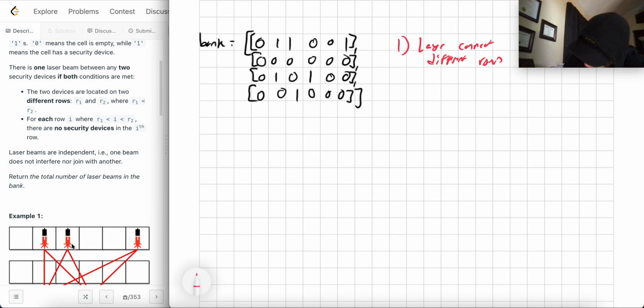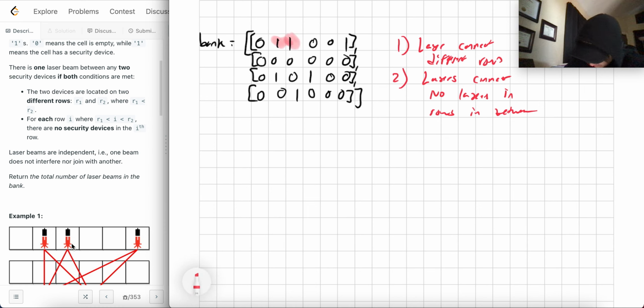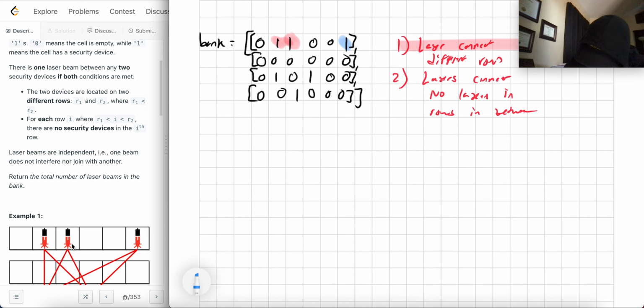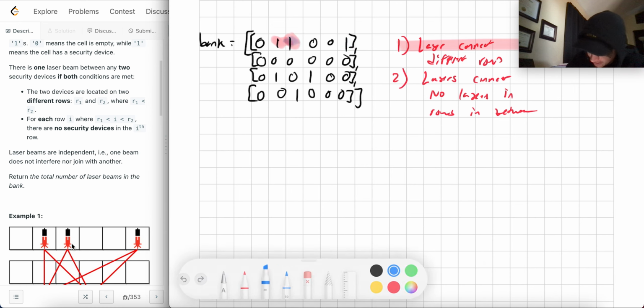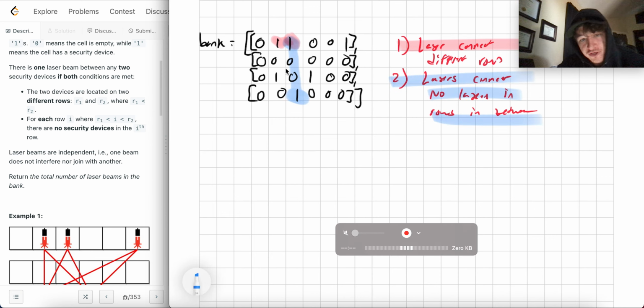And the second rule: lasers connect only if there are no lasers in rows in between. Now what that means is, these two can't connect because of rule 1. And these two look like they could reach right to each other, but they can't connect because of rule 2, because there's lasers on this row.